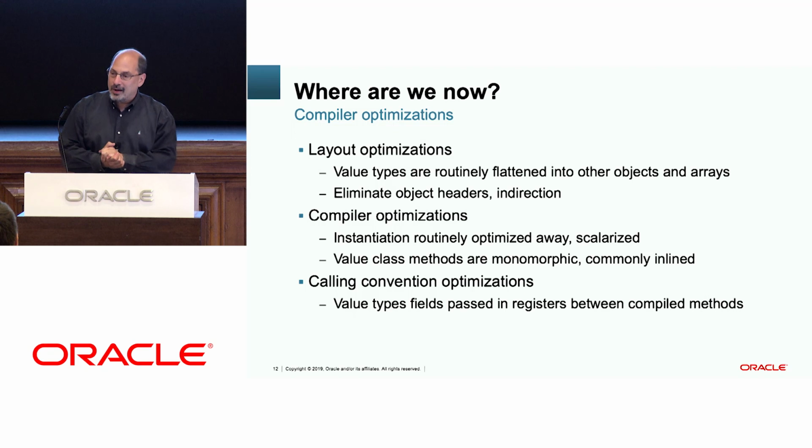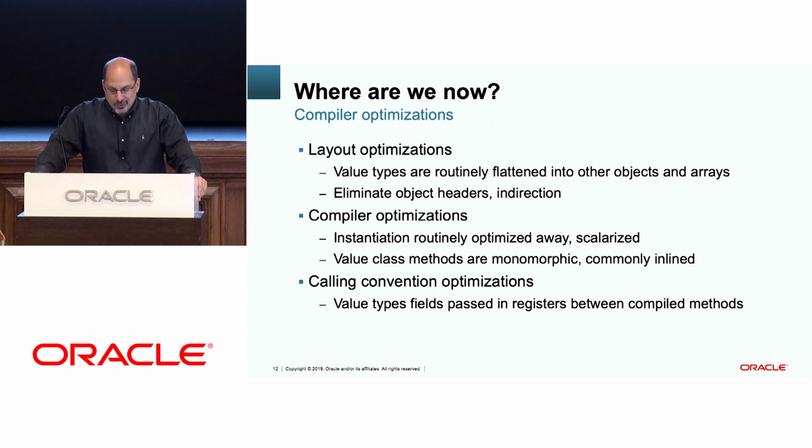So let's talk about what we've got implemented. Optimizations for layout. Value types are routinely flattened into other objects, into arrays, and their object header is compressed away. When I say routinely, it doesn't always happen because the VM may say, oh, this value type has 800 fields, there's no point in inlining that, I'm just going to continue to represent that by a pointer. And that's a choice the VM's allowed to make, and that's fine.